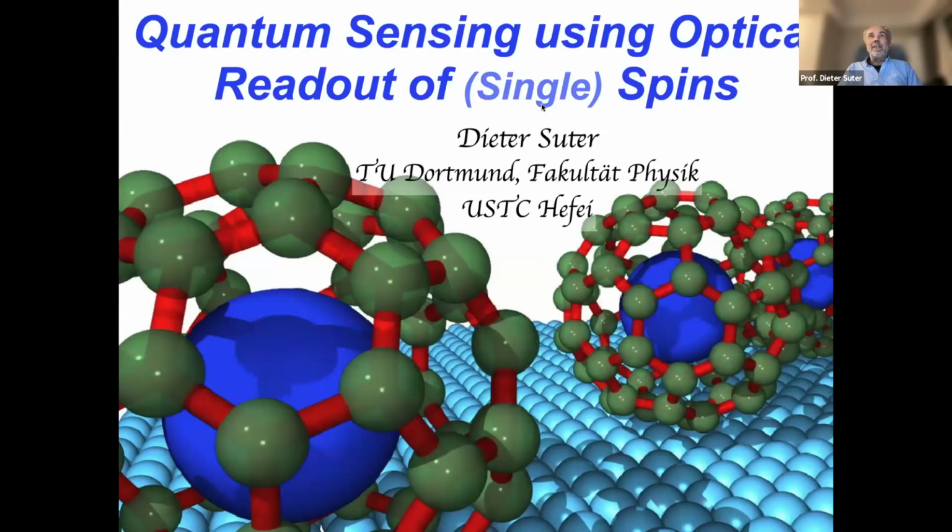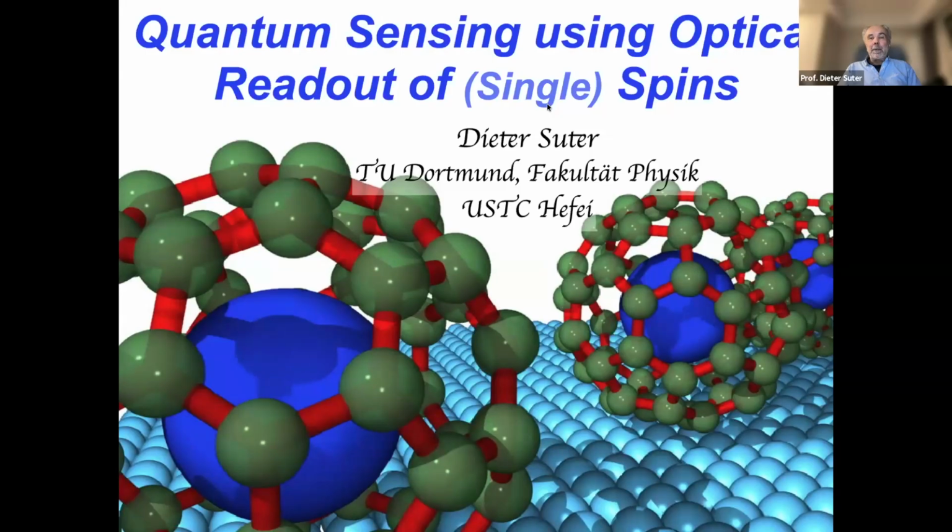So I modified the title slightly compared to the announcement, because I would like to discuss also systems where you don't have a single spin, but the underlying physics is the same as for single spins.